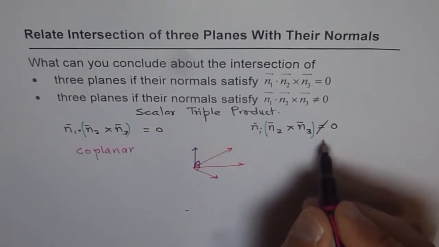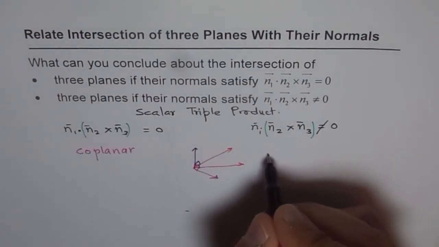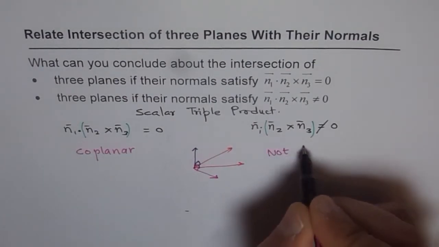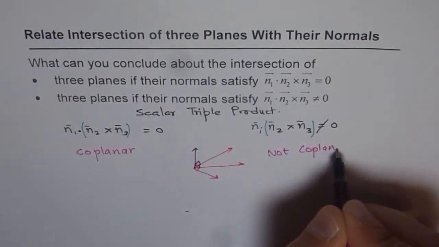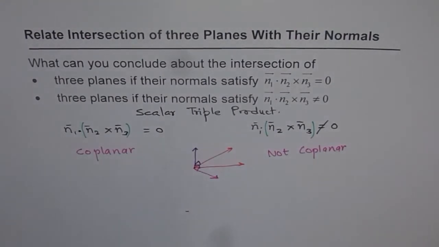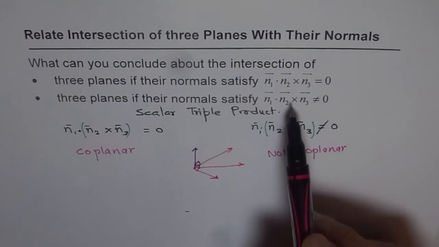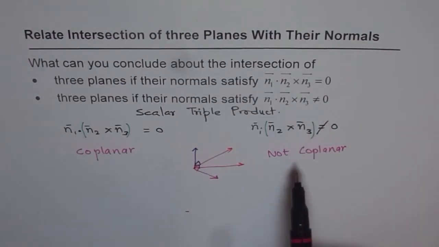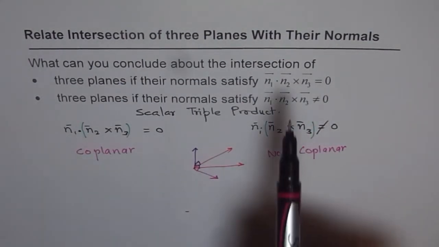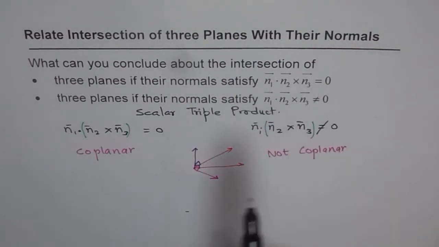But if it is not equal to 0, that means they are not coplanar. So that is one distinction between the two. If the scalar triple product is not equal to 0, the normals are not coplanar. But if it is equal to 0, they are coplanar, right?